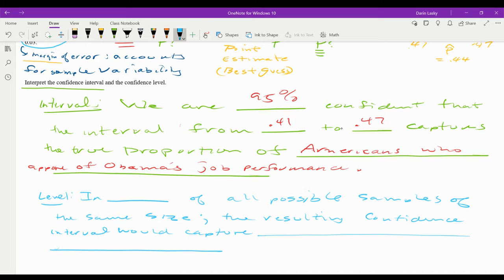And it would say would capture the true proportion.